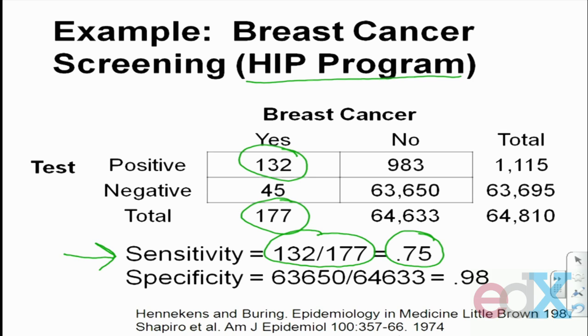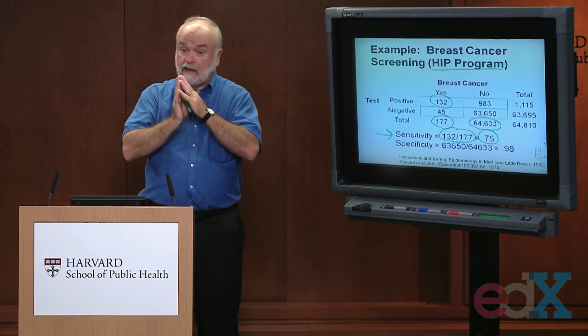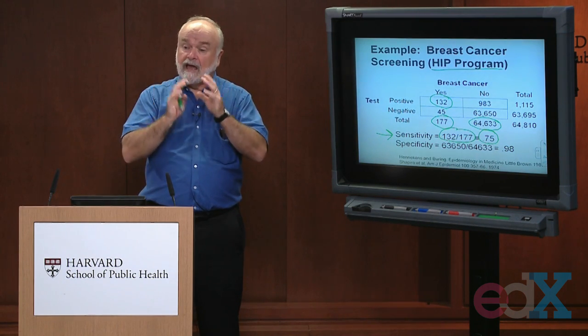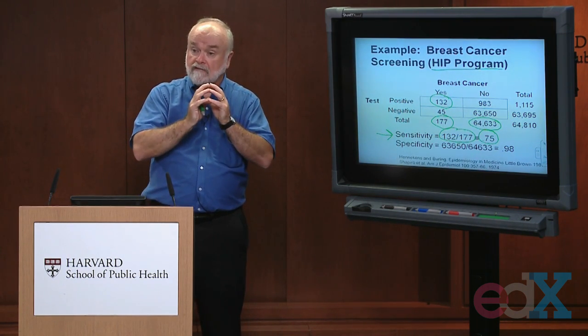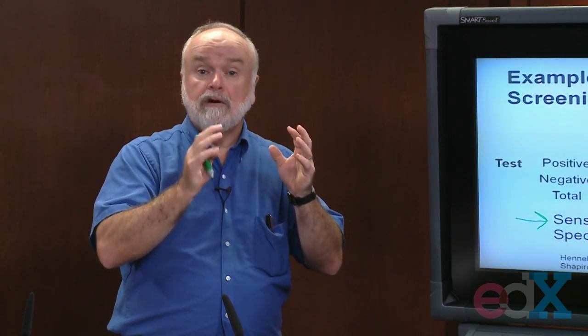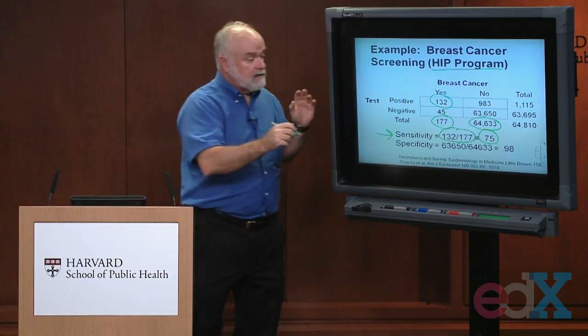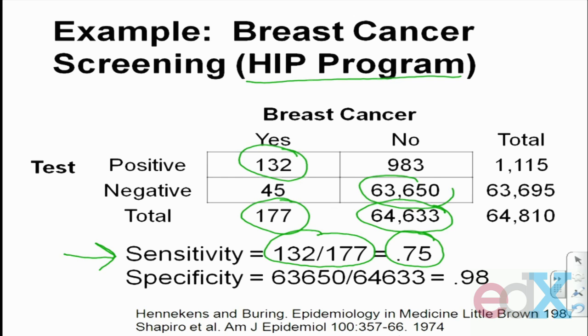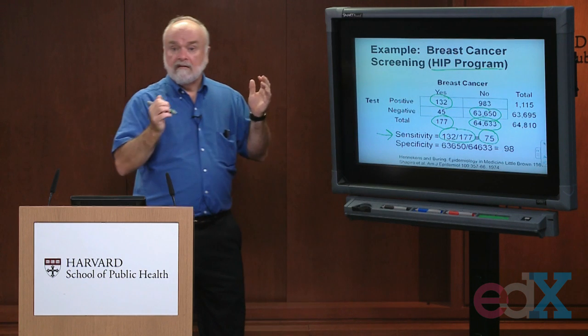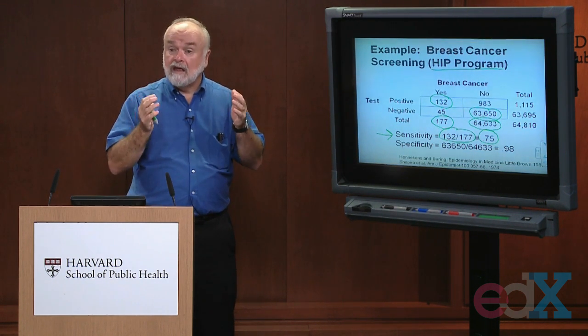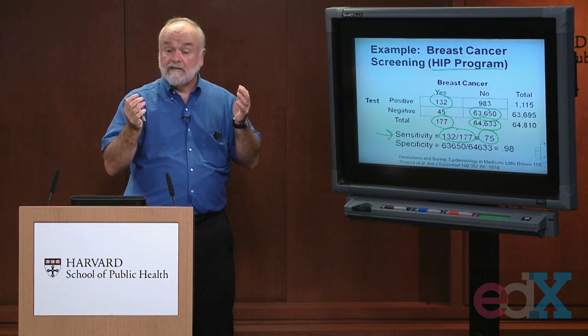What's the specificity? There are a much larger number of people. There are 64,633 women who, as far as the investigators could say after they followed them up, did not have breast cancer in the detectable preclinical phase when the screening test was given. 63,650 of them were labeled correctly as having a negative test, as being unlikely to have breast cancer.